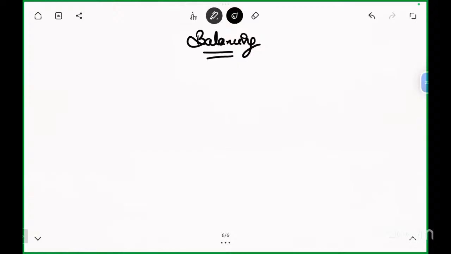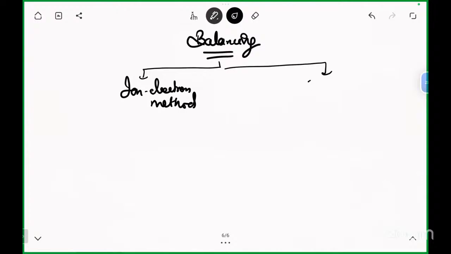We have two methods of balancing. One is the ion electron method, in which you have to divide the equation in two halves, reduction half cell and oxidation half cell. The second way is the oxidation number method. So first let's go for the ion electron method. In the ion electron method, we have to divide the equation in two parts.